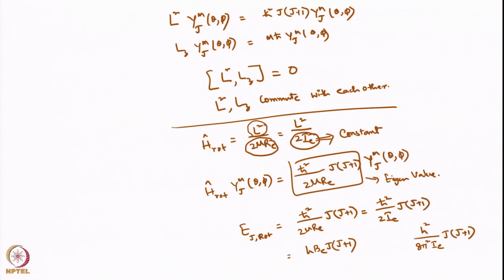Now, if I remove h, then instead of h square I can write h times 1 over 8 pi square I_e. If I take this as B_e, then your B_e is equal to h by 8 pi square I_e.